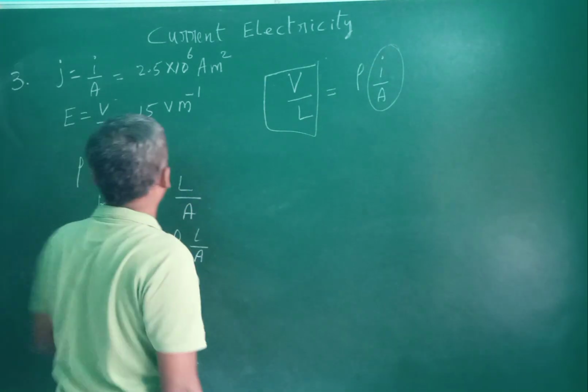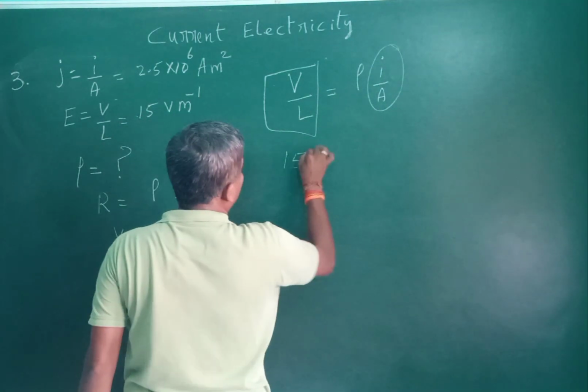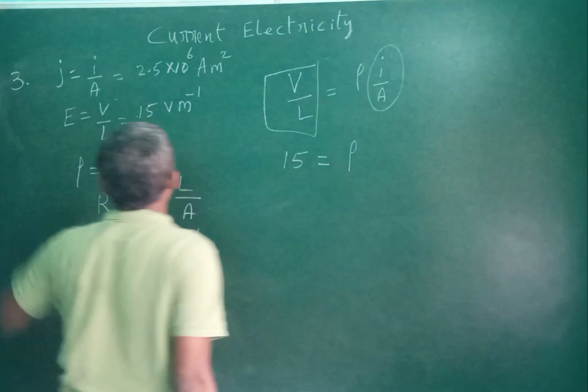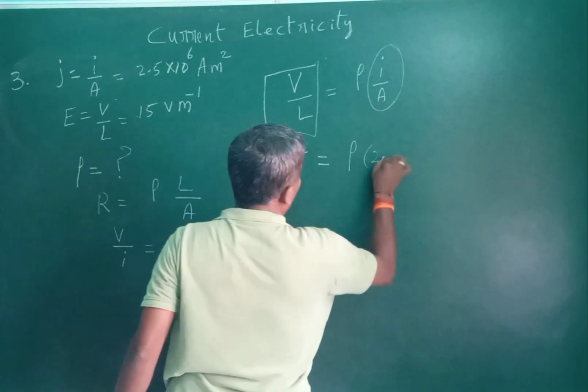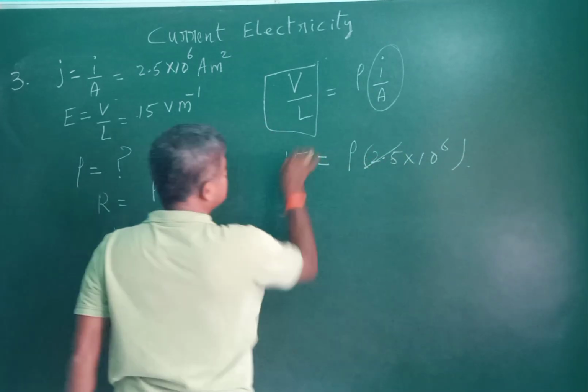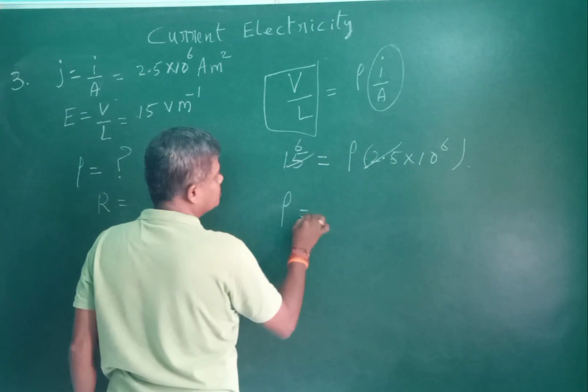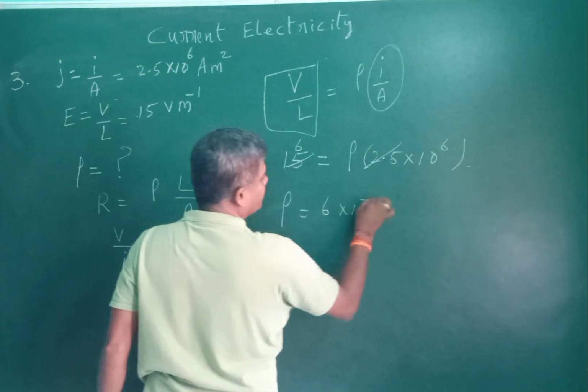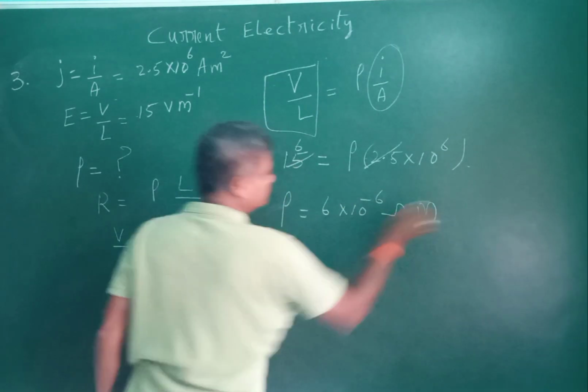On substituting the values, E is equal to 15 is equal to rho, we have to find, into I by A, which is given as 2.5 into 10 power 6, then rho is equal to 6 into 10 power minus 6 ohm meter.